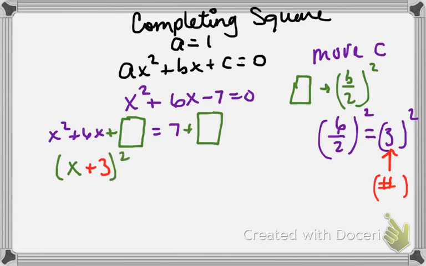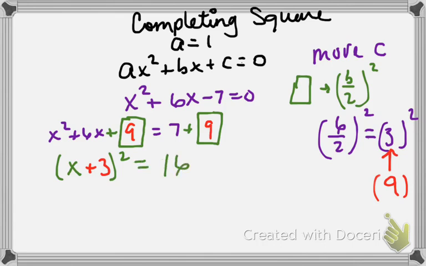And then we're going to square it. When we square that number it is 9. That 3 goes inside the parentheses, so it helps you. So we're going to put a 9 here and a 9 here.